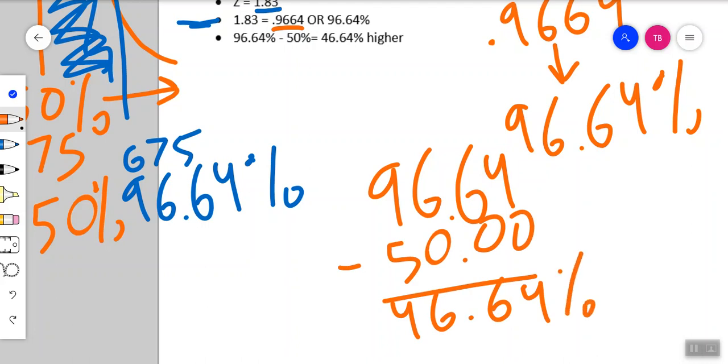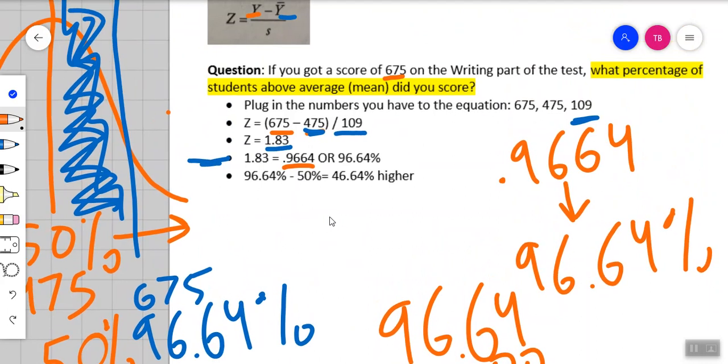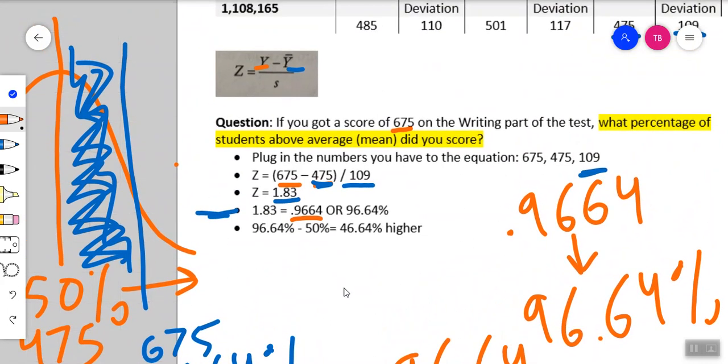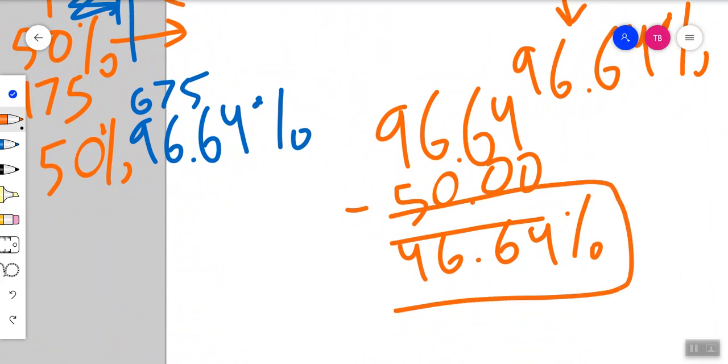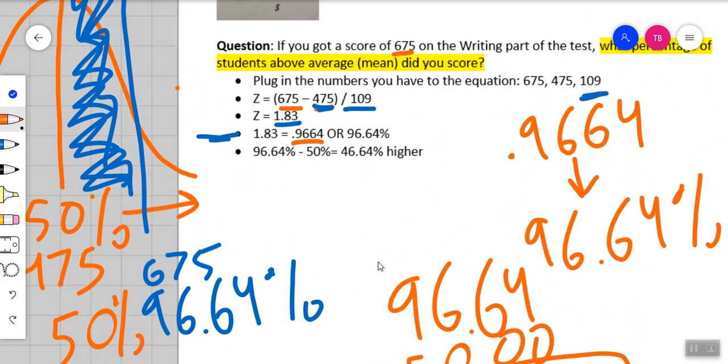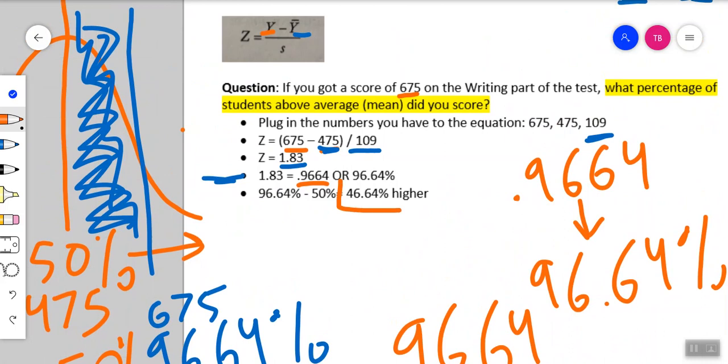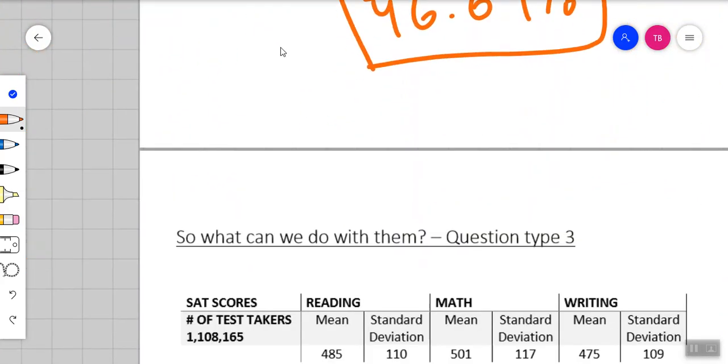So if someone was asking you, if you got the score of 675 on the test, you knew that you scored higher than 46.64% of students. That's the answer. Okay.